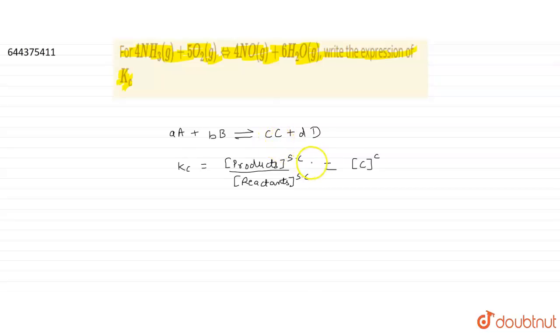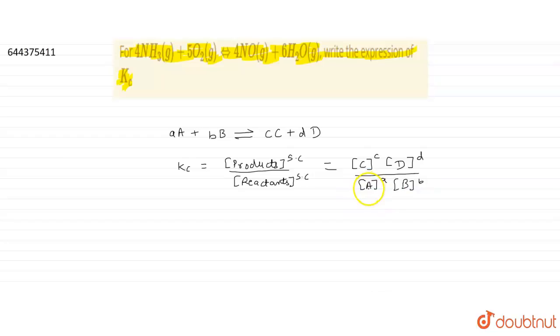So Kc will be equals to concentration of capital C to the power small c, into concentration of capital D to the power small d, here small d is the stoichiometric coefficient of capital D, divided by concentration of capital A to the power small a into concentration of capital B to the power small b.